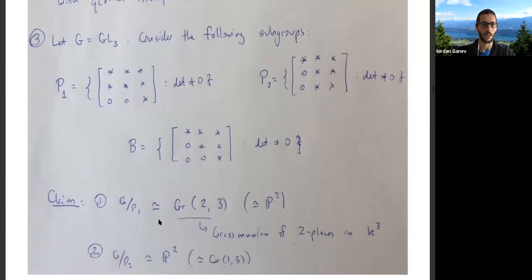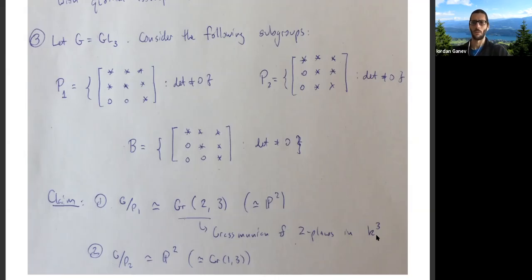So first of all, if we take the quotient of G by P1, then we get the Grassmannian of two planes in K3. And the way to see this is similar to before. We have an action of G on K3, a representation.